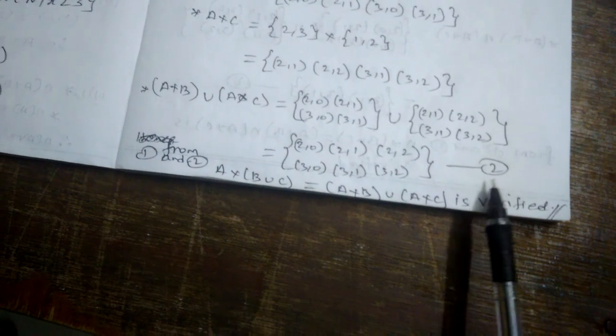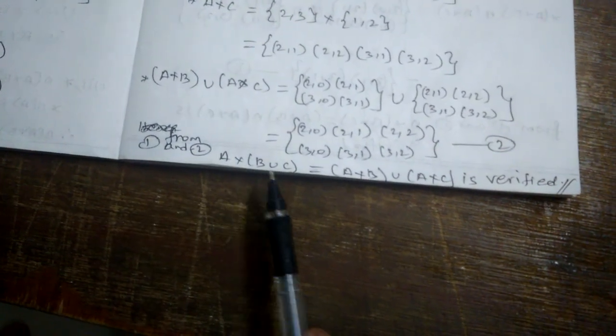We get that equation number 1 and equation number 2 are equal. So all elements of 1 and 2 are the same. So from 1 and 2, A cross (B union C) is equal to (A cross B) union (A cross C) is verified. Right, very important 5 mark.